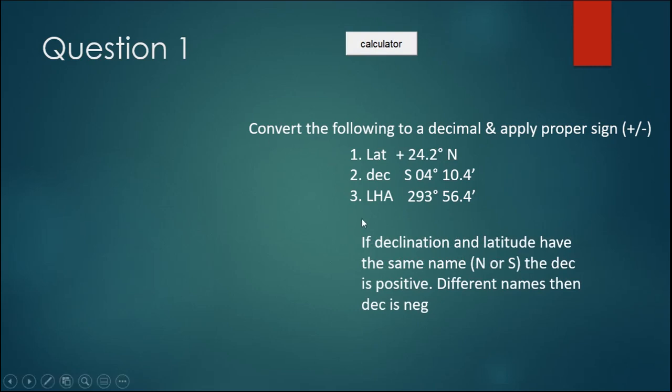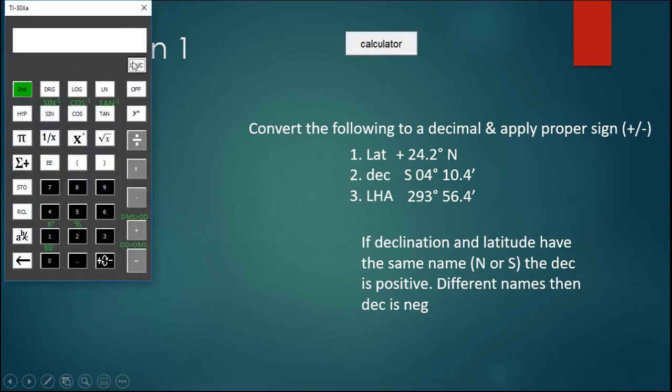Now, if declination and latitude have the same name, in other words, if they're both north or both south, the declination is positive. But if one is north and the other is south, then declination will be negative. In this case, we have north latitude and south declination. So declination is going to be a negative number.